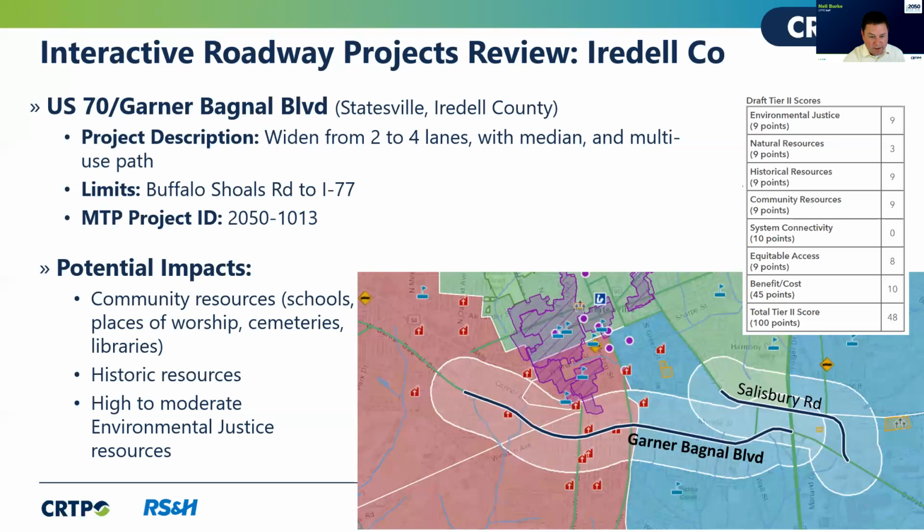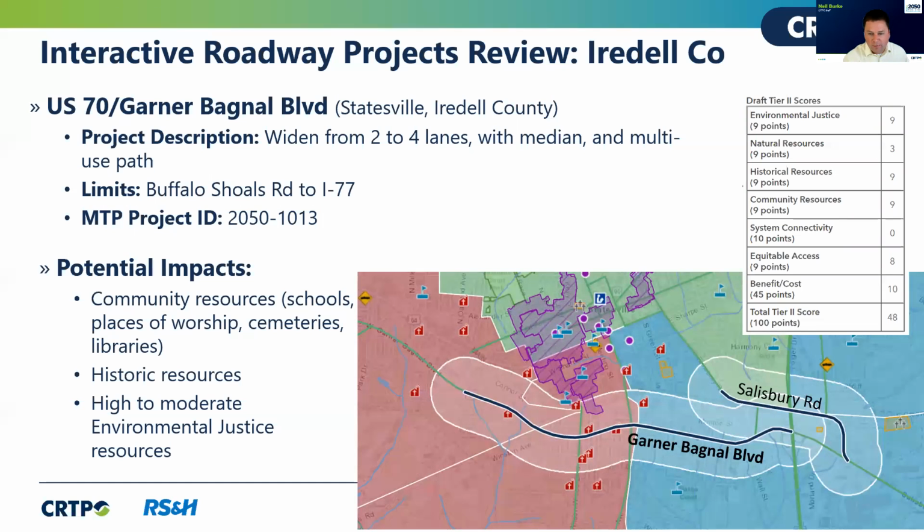Travis, if you don't mind, I can answer that question. The first measure within the tier 2 evaluation process, as you can see on the right-hand side, is environmental justice. That is data that we receive in a GIS, or geographic information systems file, based upon EJ identified communities in the US Census. We've evaluated this project a couple of ways. The first measure asks, is there a negative impact associated with this project?